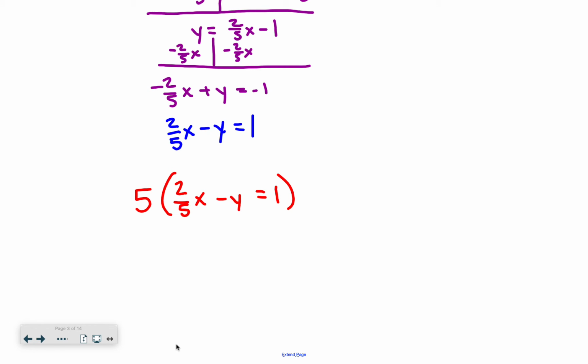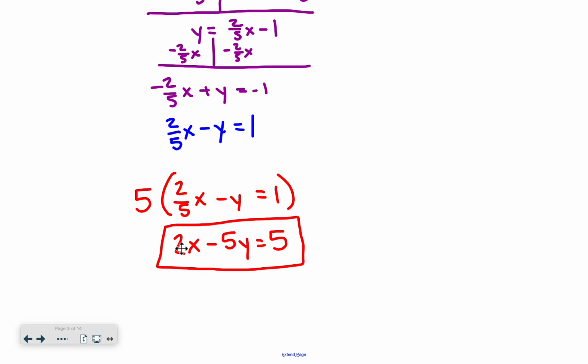So in this case, that's 5. So I'd say 5 times 2/5, that's just 2x. And then 5 times negative y is negative 5y. And then don't forget to go all the way across the equal sign. 5 times 1 is 5. And then that right there is our final answer.